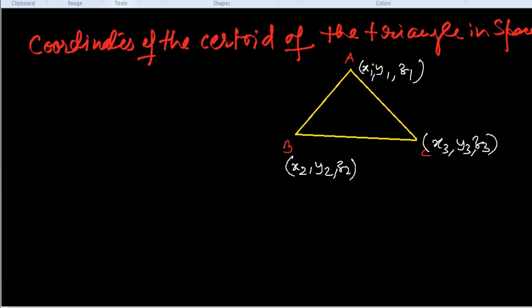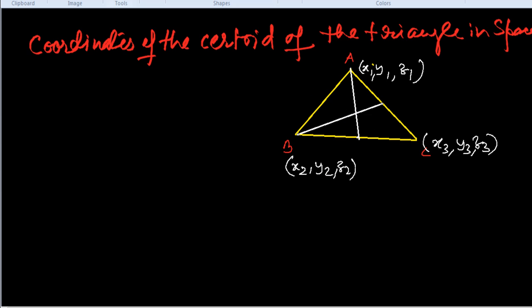Now we draw a median from point A on BC. This is the midpoint of that. We make this median, and one more median from B on AC. The intersecting point of these two medians is called the centroid of the triangle.